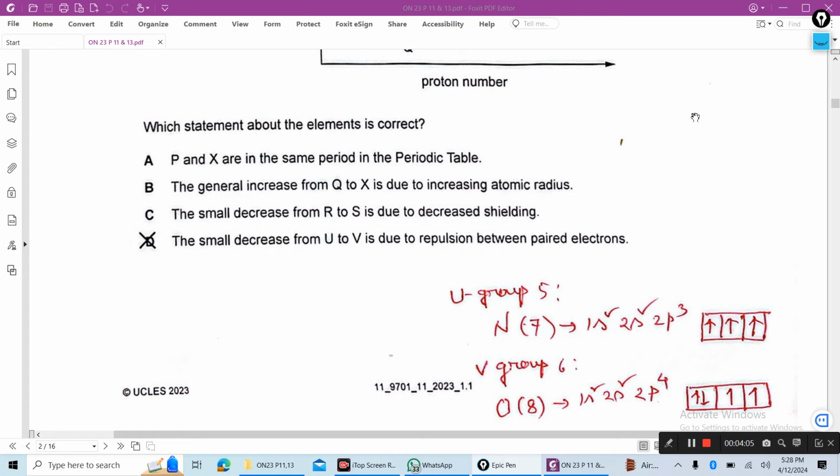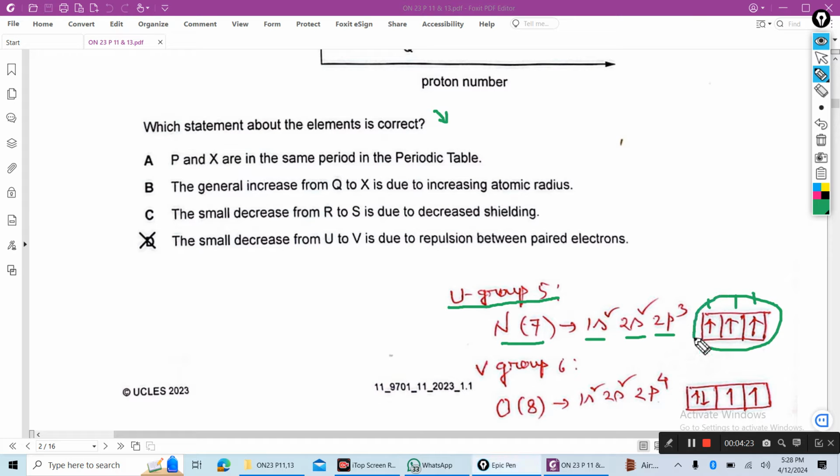You see here, U is group 5, say nitrogen, 1s2 2s2 2p3, with the p orbitals 1 1 1, half filled. Here there is no electron paired.